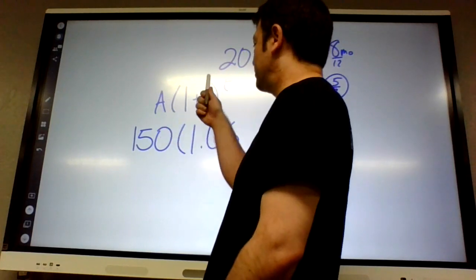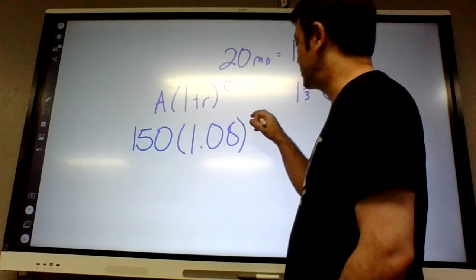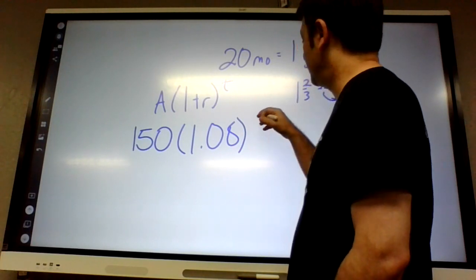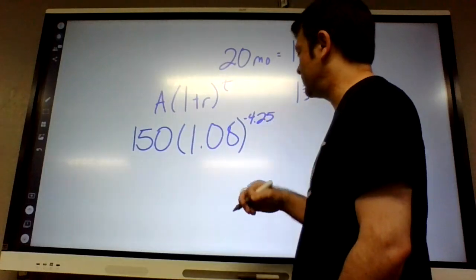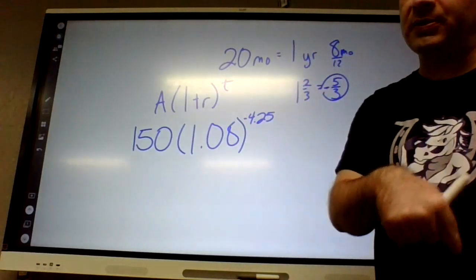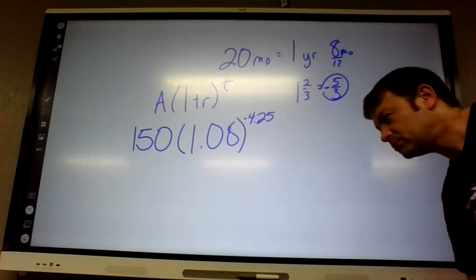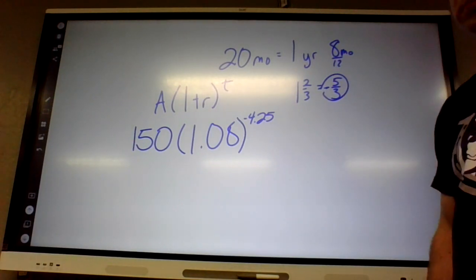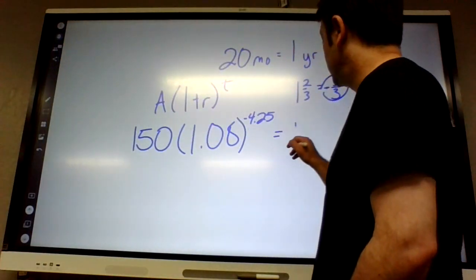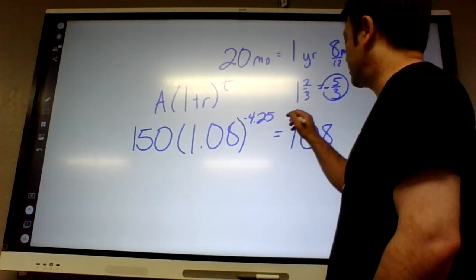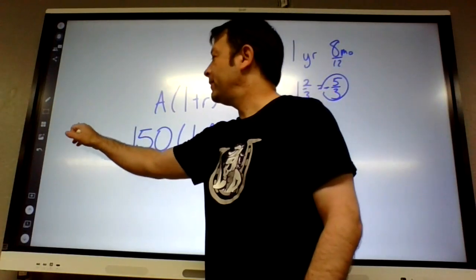So the original amount, this would be 1 plus 8%. And so on the B, we should have plugged in negative 4.25 instead of 4.25 because we have to go backwards in time. And it looks like they're rounding to the $1 place, US dollar.